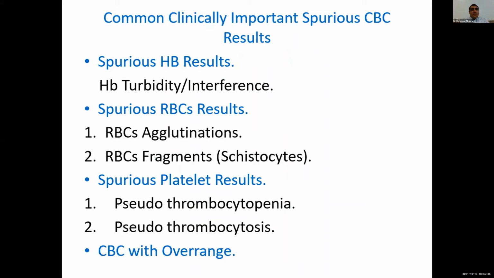Here we'll talk about the common important spurious CBC results that will include spurious hemoglobin results, spurious RBC results, spurious platelet results, and the CBC with overrange.